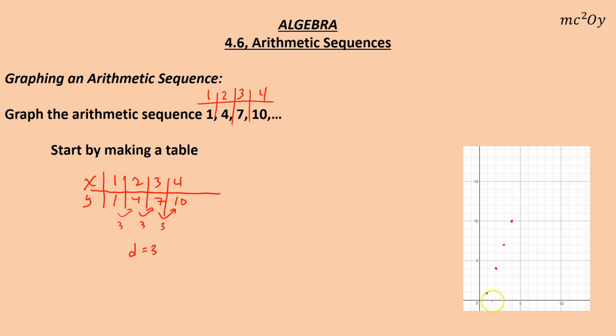Therefore, since I can't go to 1.5 on the x-axis and look up and see where it would hit the line, I can't draw a line connecting these dots. This is discrete data. Sequences provide discrete data. Discrete meaning you don't connect the dots. You just have individual points.